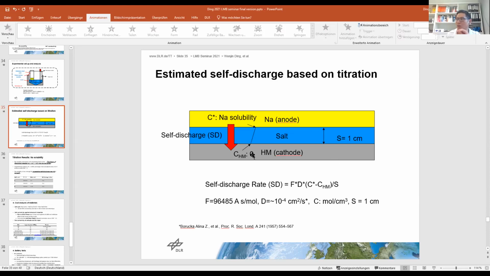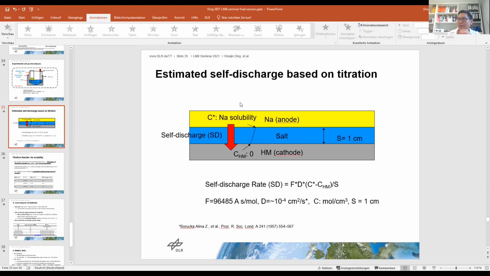So from here, we can get the self-discharge ratio and give some suggestions. For example, when we select the salt electrolyte, we should know the sodium solubility, the maximum level. For example, if it cannot be higher than 1 mole%, that can help us determine the operating temperature of the liquid metal battery.